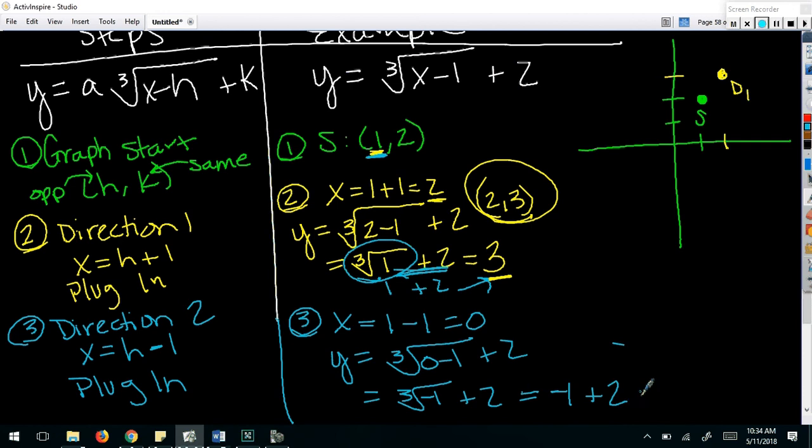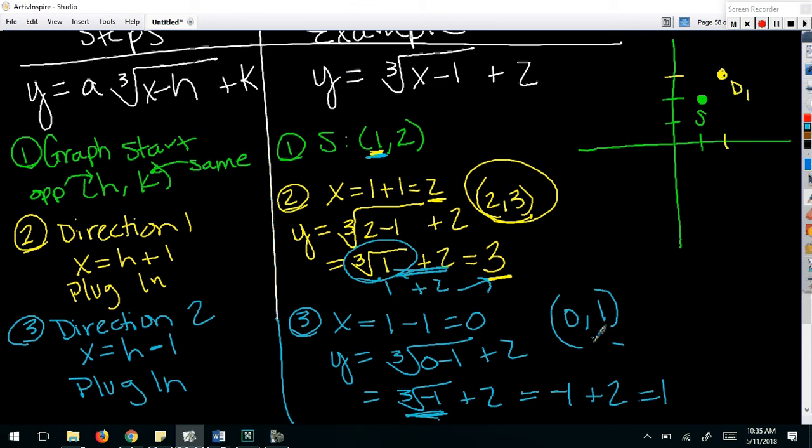1. So the cubed root of negative 1. We plug in 0. If it wasn't negative 1 and it was like negative 4, I would have to find out what it goes into.